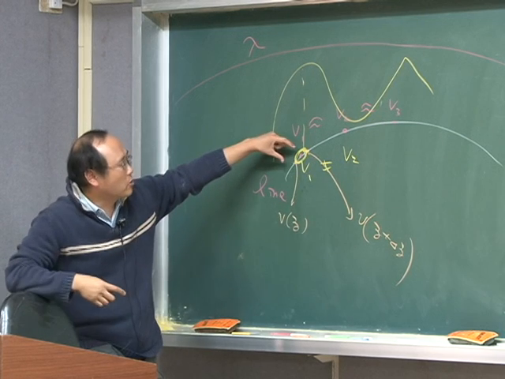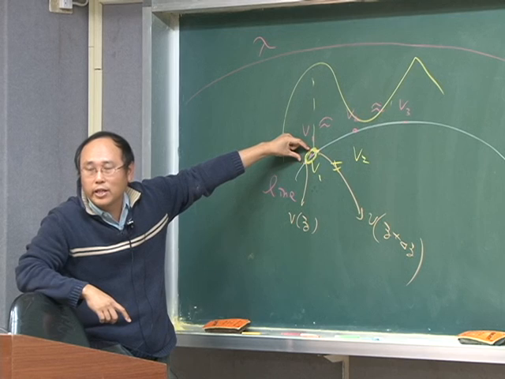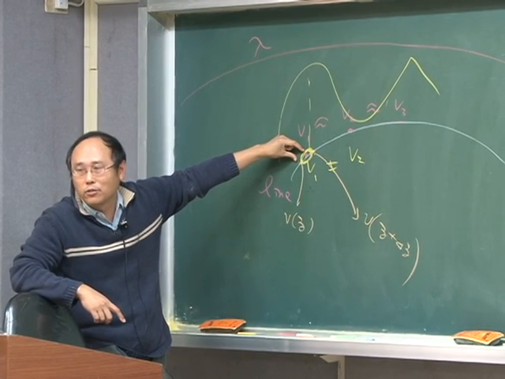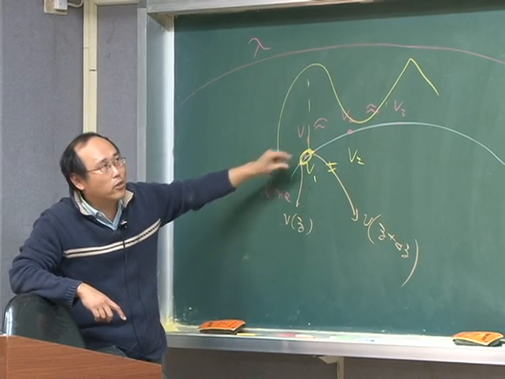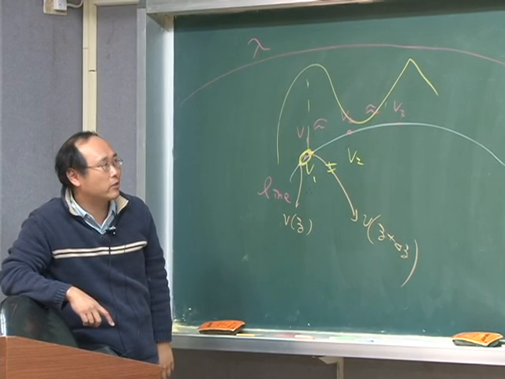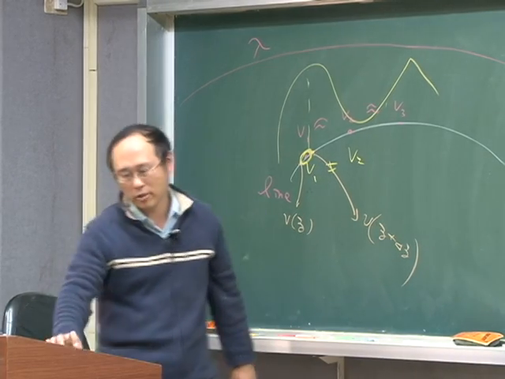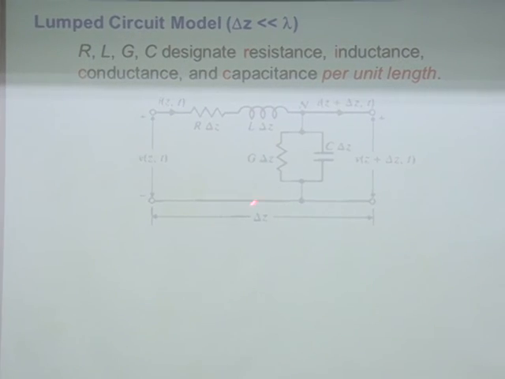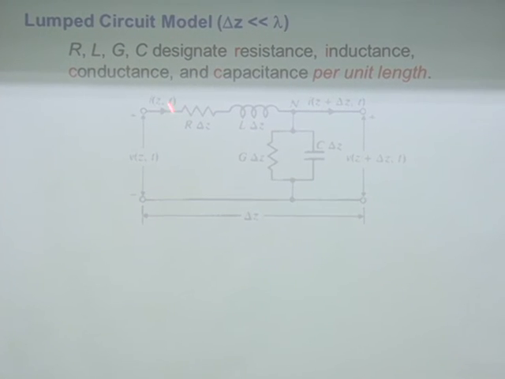Then, for this small section of the transmission line, in fact, we can just apply the old circuit theory to this small section of transmission line, right? And we call this lumped circuit model. Previously, in the circuit theory, you always deal with lumped circuit. So a lumped circuit is this. So we just cut a small piece of the transmission line and try to use a lumped circuit model to calculate it.